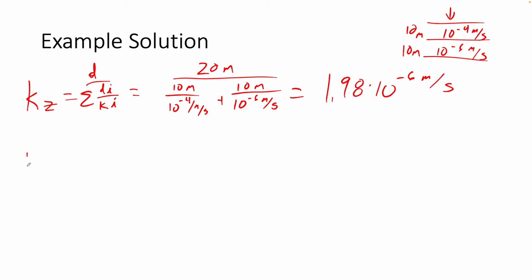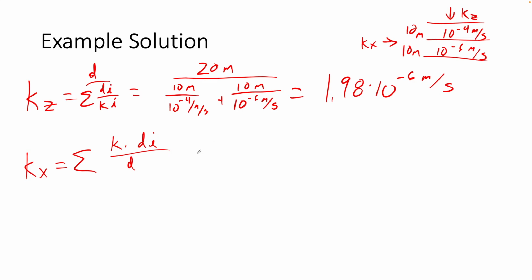All right, so let's take a look at your horizontal hydraulic conductivity. This would be the example where you're traveling in parallel. In this case, you have the sum of each individual layer's conductivity times the depth of that individual layer, divided by the total depth.